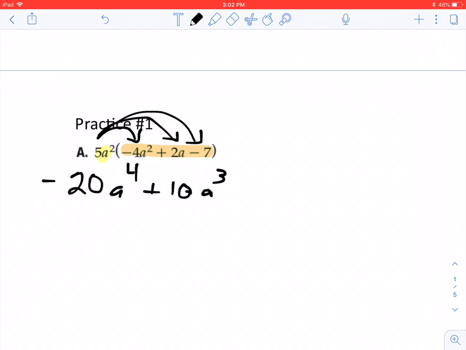And now finally, 5a squared times negative 7 becomes negative 35a squared. And there you go. That's your final answer: negative 20a to the 4th plus 10a to the 3rd minus 35a squared.